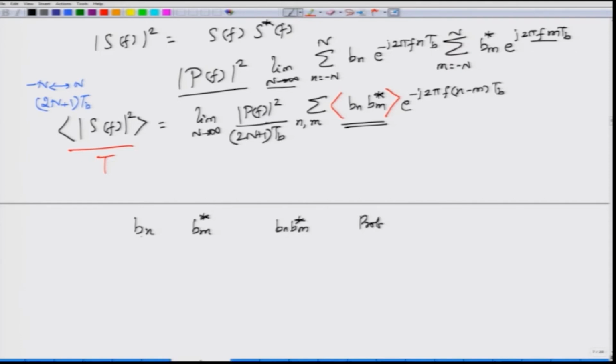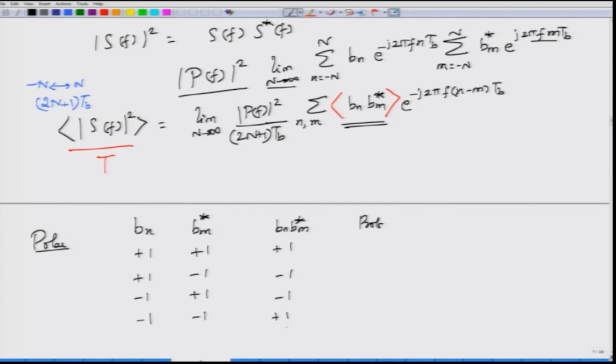In what possible ways can Bn vary? For the polar form, which let us consider as the first example, Bn can be +1, the sequence at the mth slot can be +1 too. You can have +1 and -1, -1 and +1, and -1 and -1. The product will be +1, -1, -1 and +1.